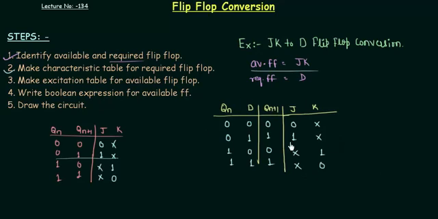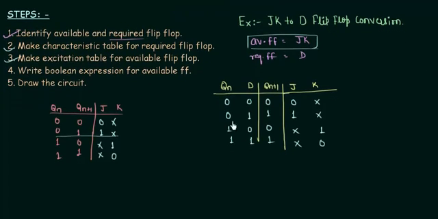So now we are done with our step 3, and now we have to move to our step 4, in which we have to write the Boolean expression for the available flip-flop. So available flip-flop is JK flip-flop, and we will make the K-map for it. So there are 4 combinations, so definitely we are going to have the 4-cell K-map or a 2-variable K-map.